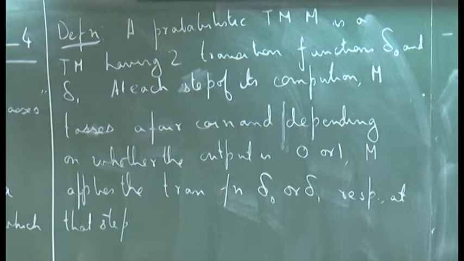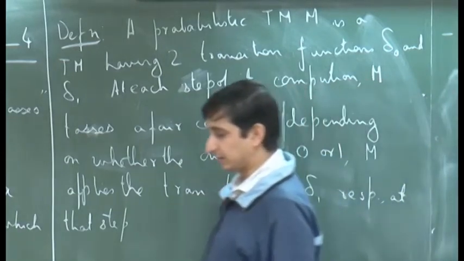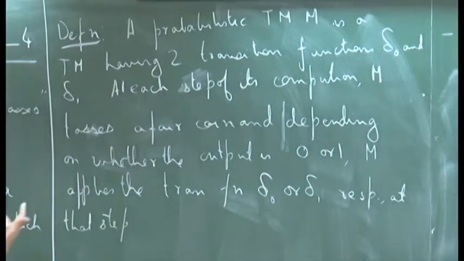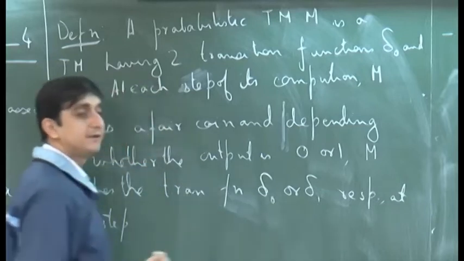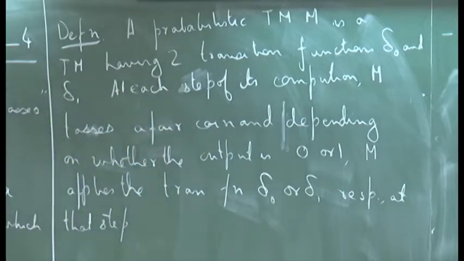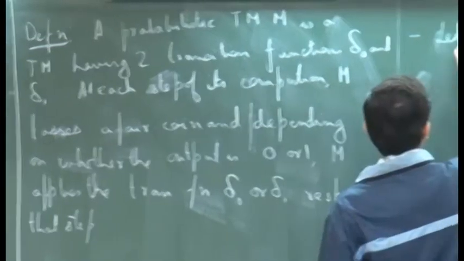That is one way to think of it, but if you look at this definition, you can also think of the transition functions as having the same definition at that step. Both delta 0 and delta 1 do the same thing, so it does not matter whether you get a 0 or a 1, you are taking that same step.